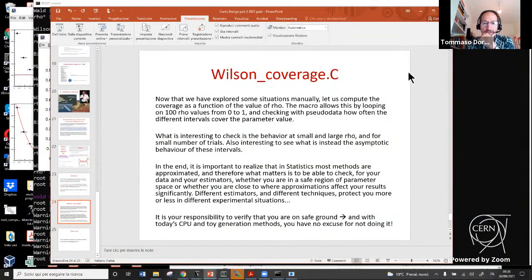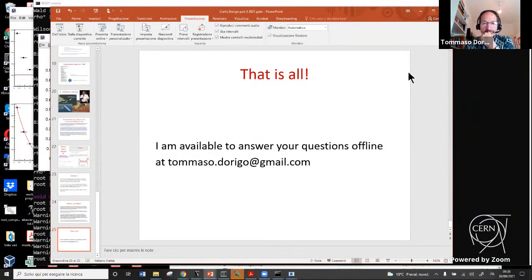Okay, so I think this is all I wanted to show you. Of course, I encourage you to do these exercises. One of them is to implement more functionality in the F-test.